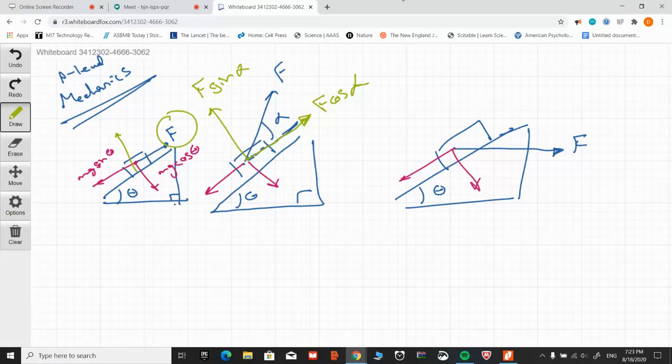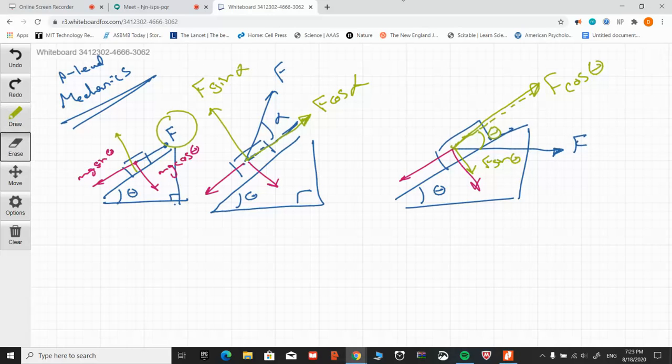These are the things we discussed last time, so I'm not going to go into details. When the external force is horizontal, corresponding angles make this angle theta as well. The two components thus become F cos theta along the plane and F sine theta perpendicular to the plane.